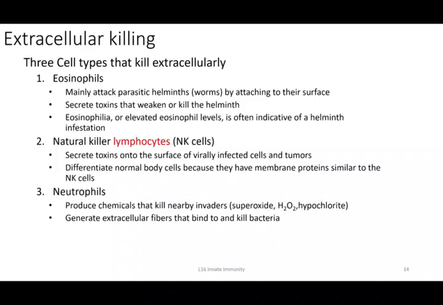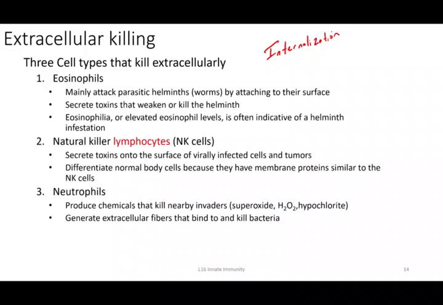The process of phagocytosis requires, as we mentioned, actually moving the microorganism inside of the cell. And that's not the only way that immune cells can kill things. That's one really important way, phagocytosis.